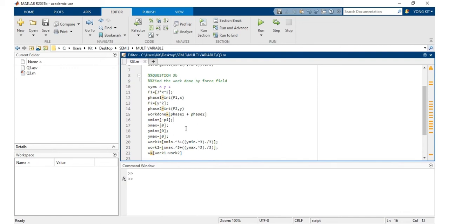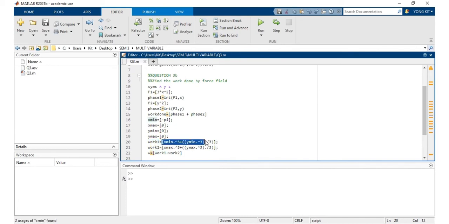and then I set the limits of the integration from negative pi to 0, and then y minimum which is 0 to 0. So after we integrate, we get this equation.